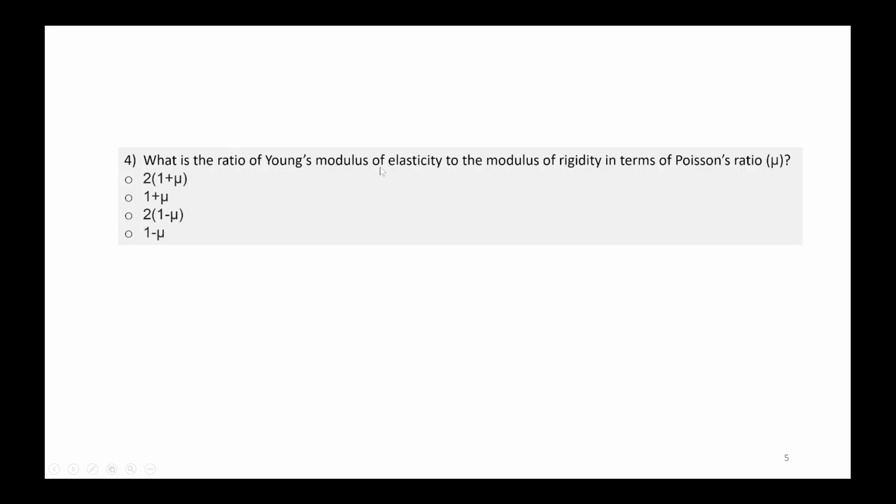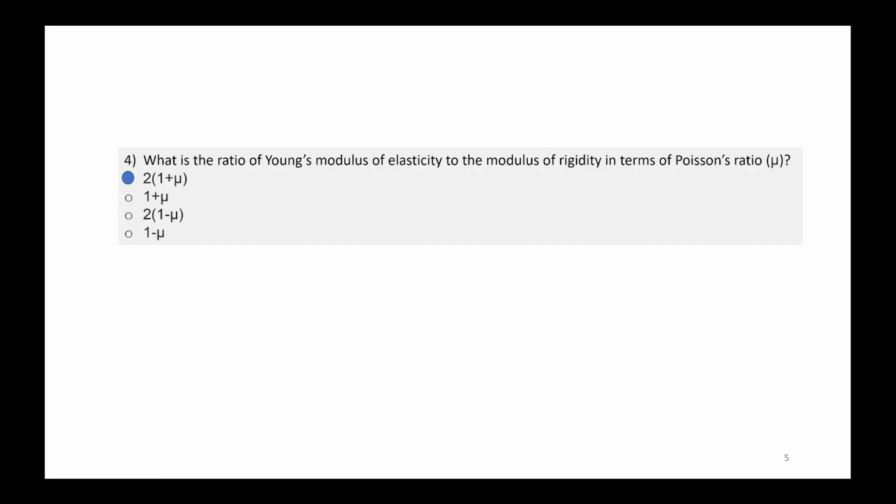We know that these three have a relationship: Young's modulus, modulus of rigidity and Poisson's ratio. So what should the ratio be? You can calculate it and choose the answer.